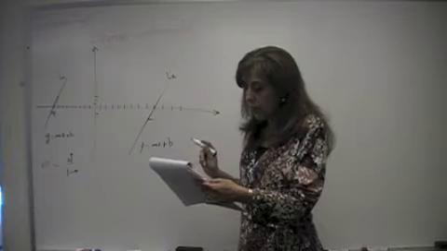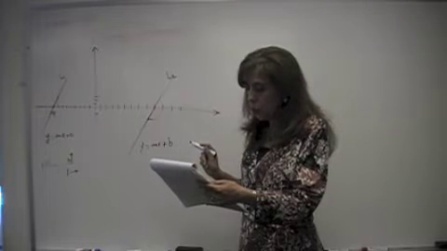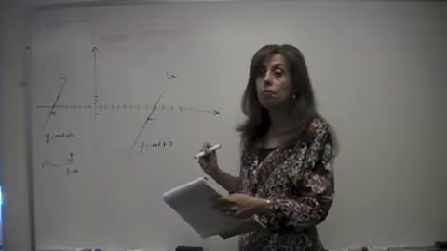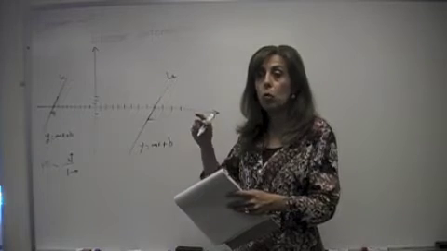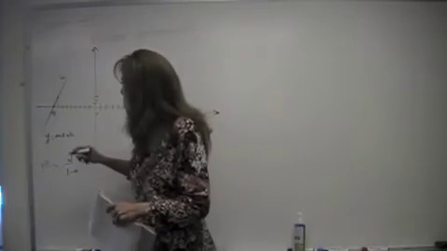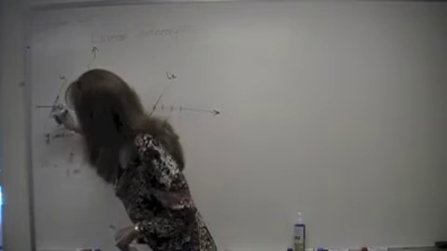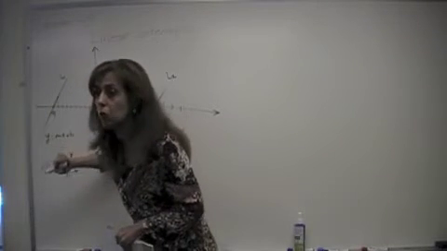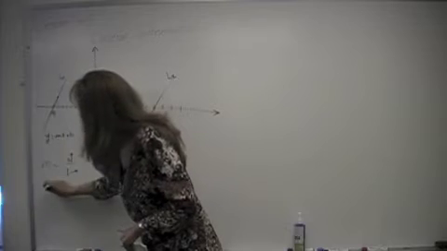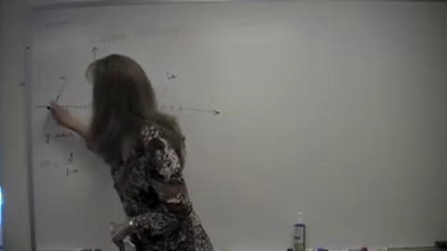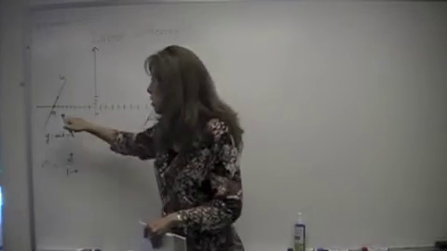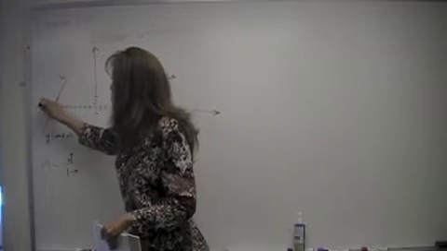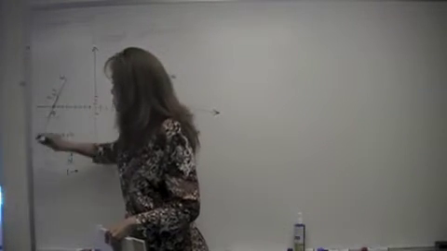The second step is to find another point to locate b, which is your y-intercept. I'm going to pick this point here, which is on my x-axis, at -9, 0.